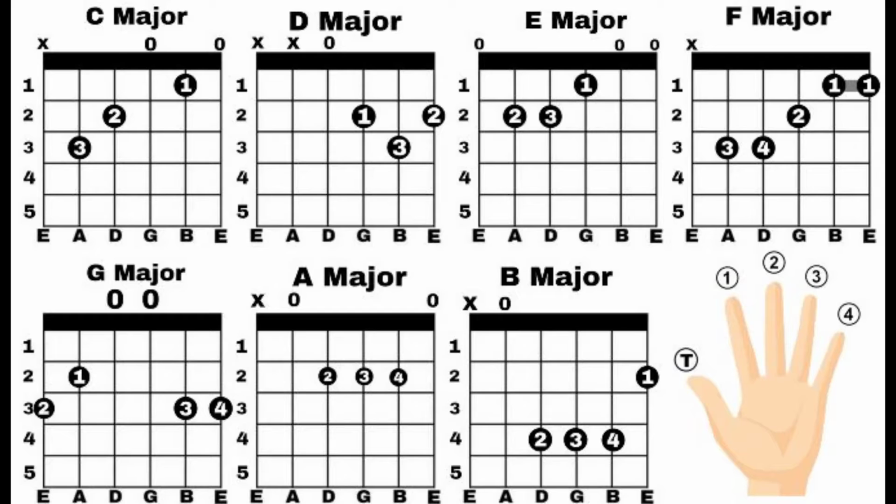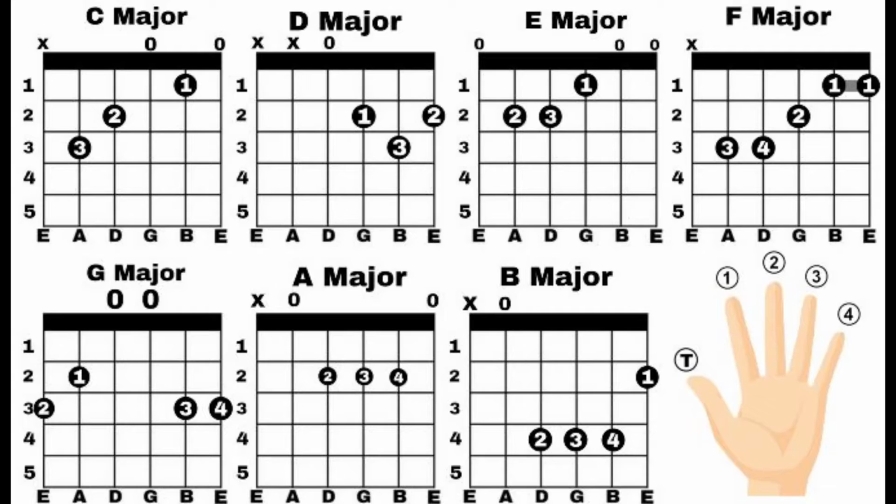In the case of Do, you're going to put your finger number one on the second string, okay, first fret. You're going to put finger number two on the fourth string, second fret, and you're going to put finger number three on the fifth string on the third fret, okay?